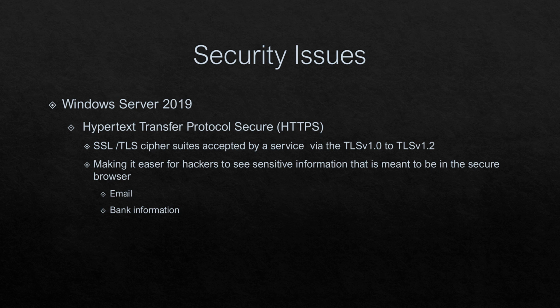My main issue with it is that the TLS version that I use is considered weak, which is version 1.0 to version 1.2. Because it is very weak, it is very easy for hackers to get around it to get to my personal information. I'm talking about my email, my bank information, and you name it. Any other personal information that you get by browsing, they'll be able to get it.